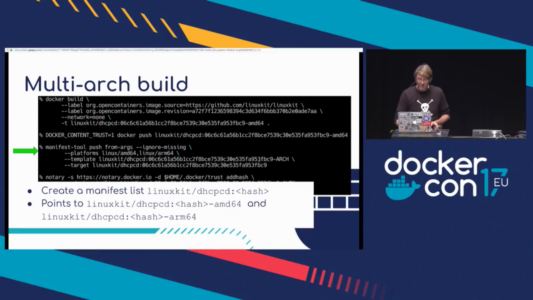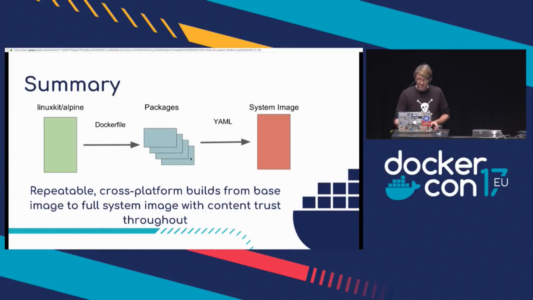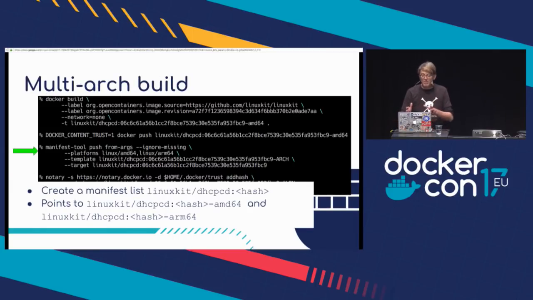What this basically does is, we're using a template, which is the hash plus the architecture, and we push that to Docker Hub without the architecture suffix, right? Instead of pushing an image, it's pushing a manifest list.